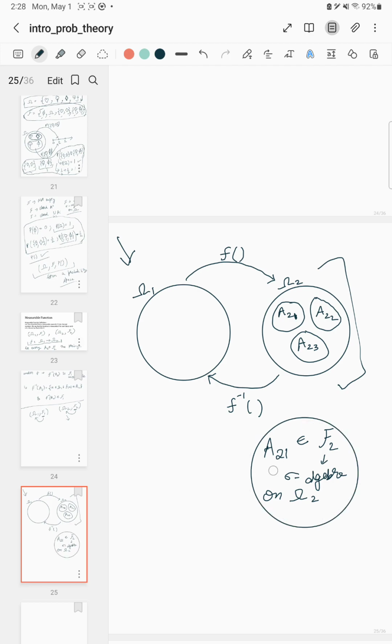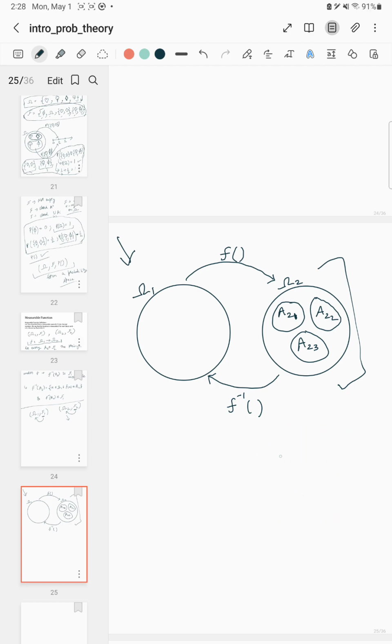Now let's say a measurable function f maps from omega 1 to omega 2. Let's say it has some set here, A11. So f of A11 maps to A21 in the omega 2 sample space. So this maps to this.